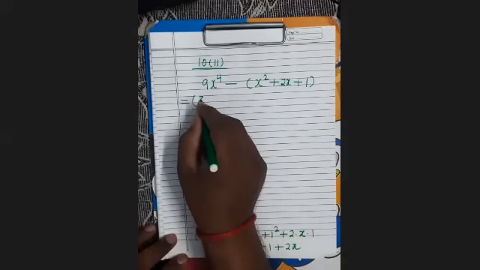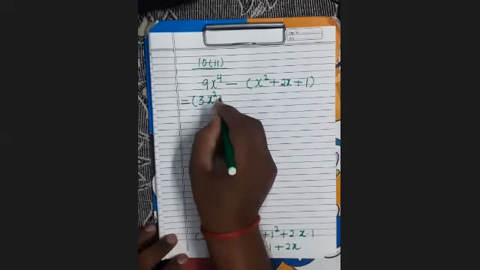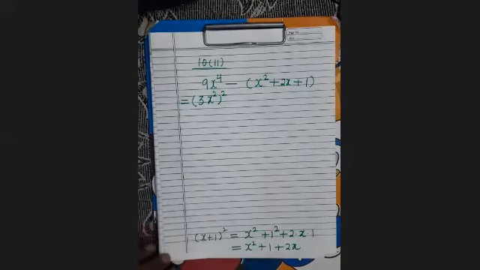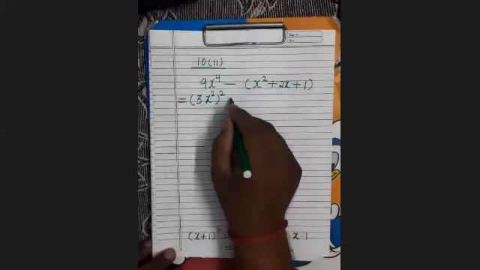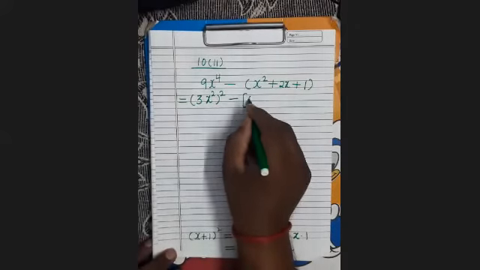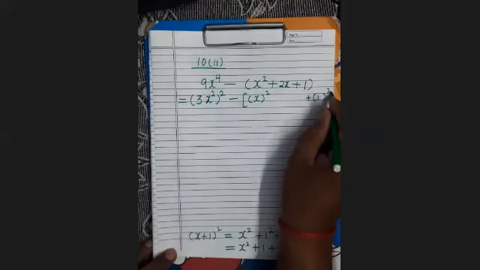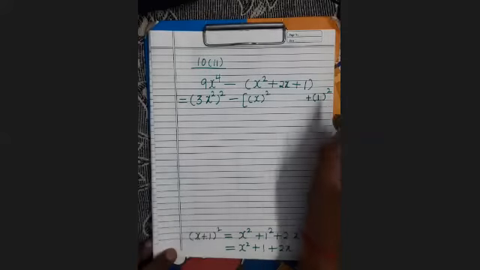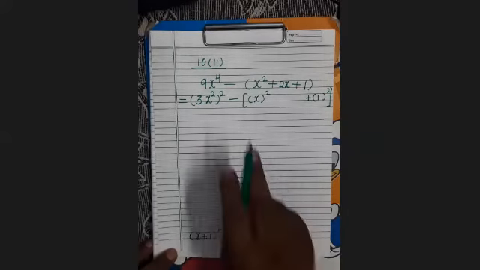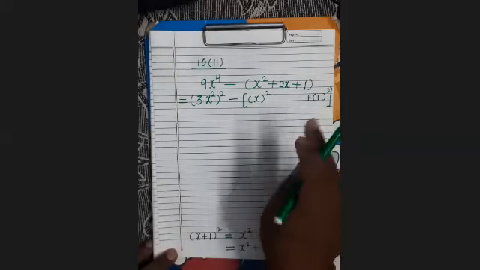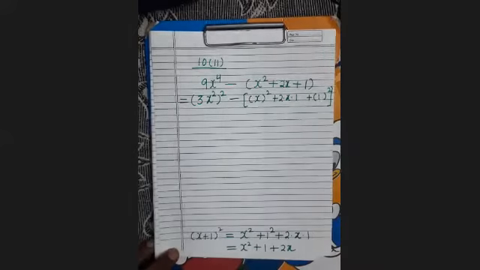So 9 किसका square है? 3 का. X to the power 4 is the square of x square. So this you can write 3x square का whole square. Minus, दिस इज x का होल स्क्वायर, 1 का होल स्क्वायर. इज क्लियर? a square plus b square plus 2ab, that is 2 into a into b.